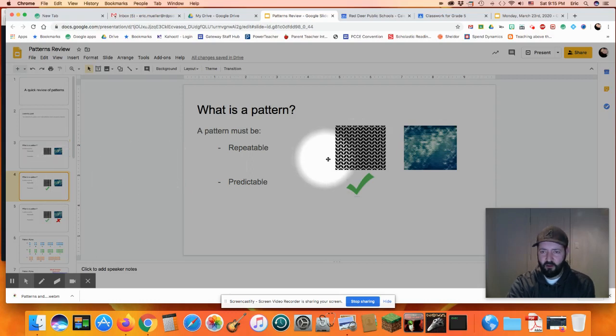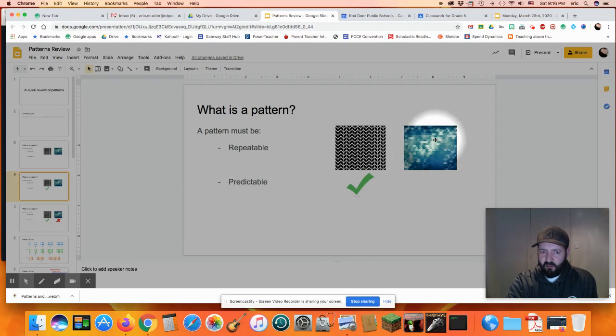It is a pattern. But let's have a look at the image on the right-hand side here. Now, if you look really close at this, you will see that it's actually made up of a bunch of different colored triangles all stuck together. And some people might argue that because it's made out of a bunch of triangles, it follows a pattern. But what I'm looking at here is the color of those triangles.